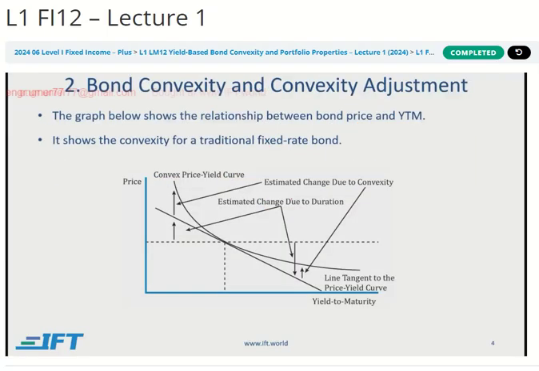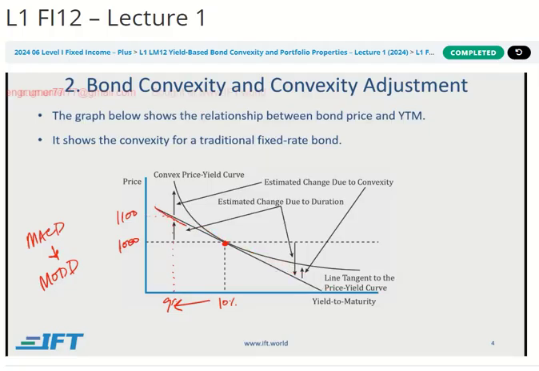So as discussed, let's say this is 10% YTM, and if your YTM goes down to 9%, clearly the price of the bond would go up, right? And as we discussed previously, where we were calculating the MacD and based on that the mod D, it would give us an estimate. Let's say from $1,000 the price is going to $1,100, but that is based on this linear relationship that we are assuming, this straight line.